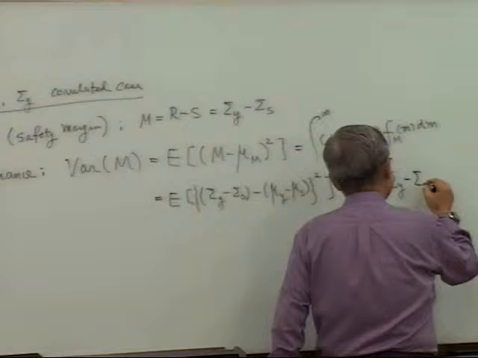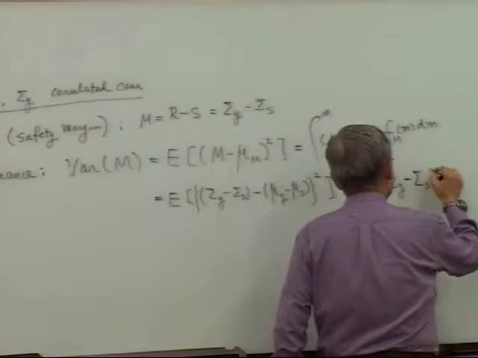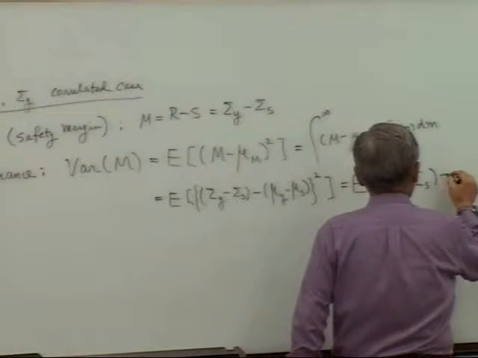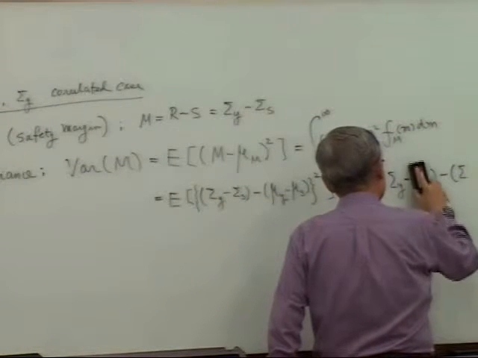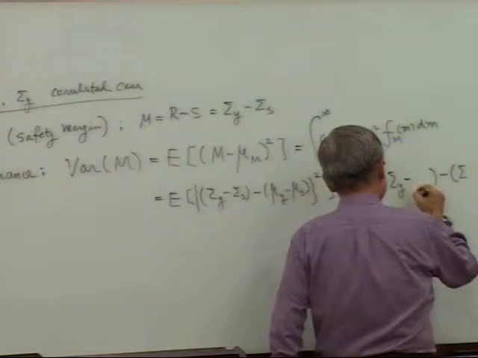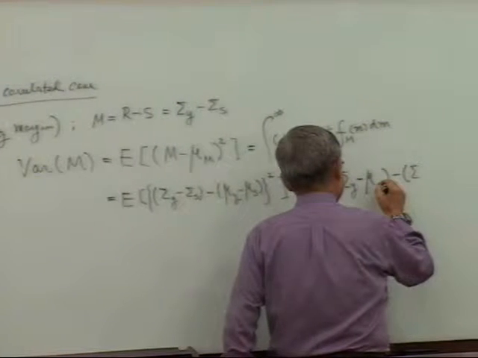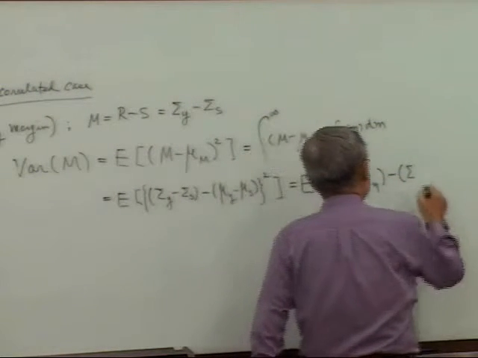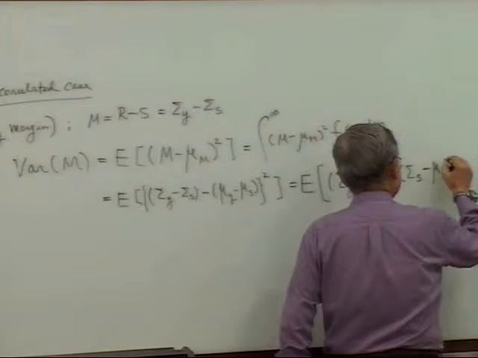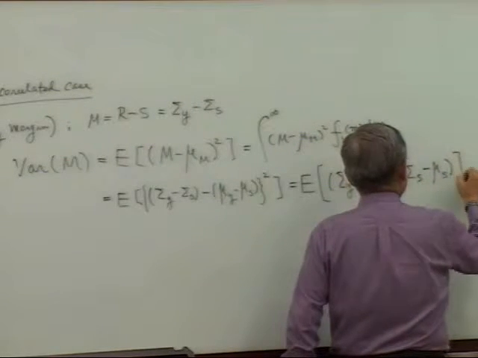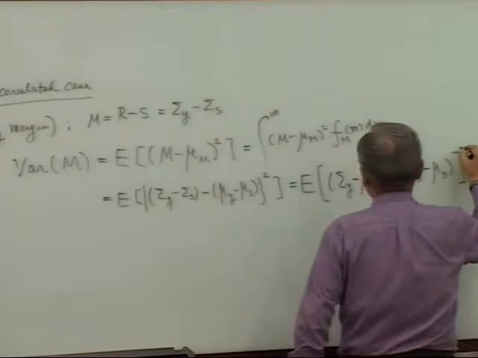So now this is s, and the minus, oh jeez, this is a disaster, isn't it? So this is s minus mu s squared.